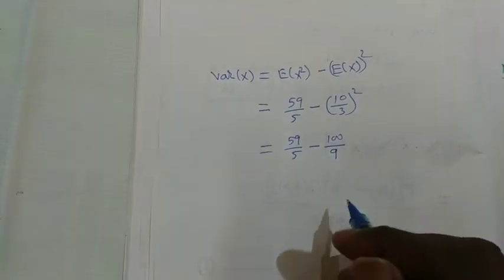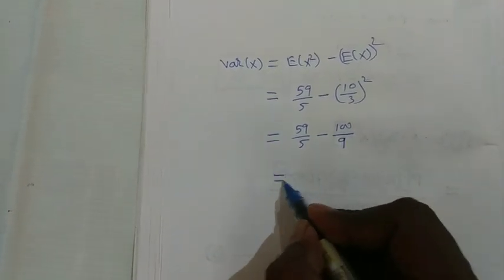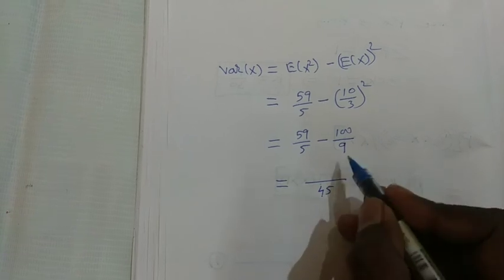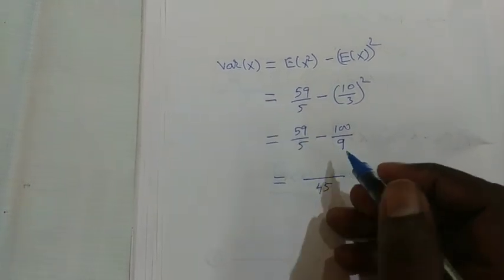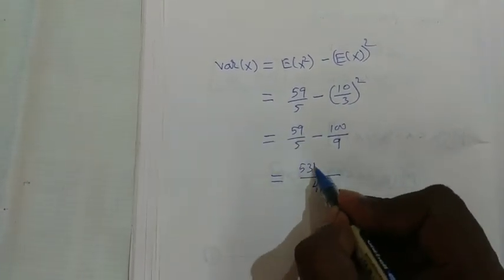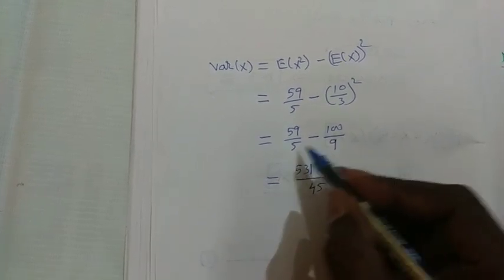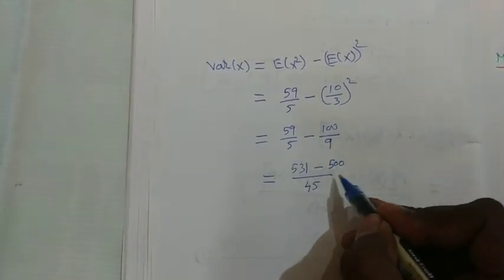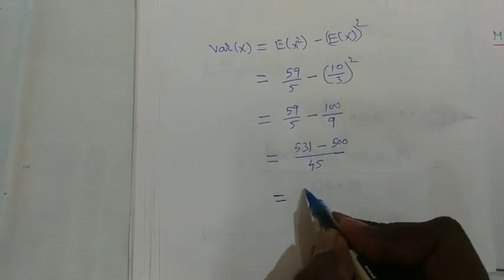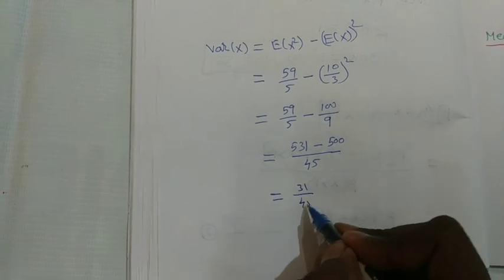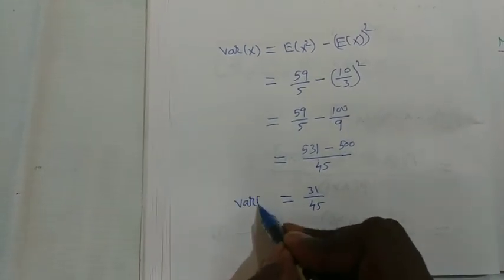Okay, take the LCM, 45. So 59 into 9 is 531 minus 5 into 100, 500. So the answer is 31 by 45. So this is the variance of x.